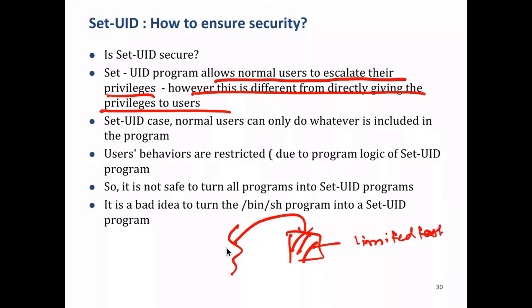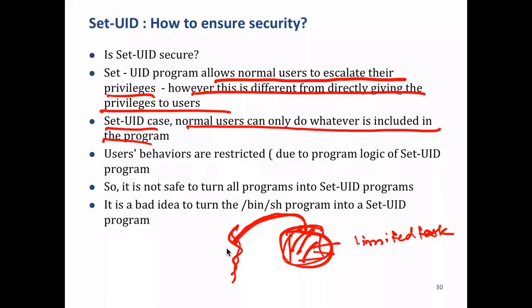When this becomes a set UID program, the normal user can do whatever is included in the program. The user does not have super power, but can get the work done only through this set UID program, which is kind of special. This program, although ordinary, becomes a special program.